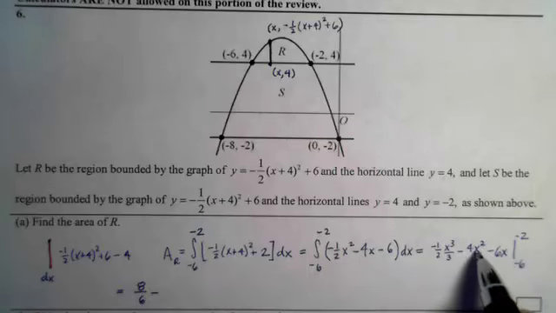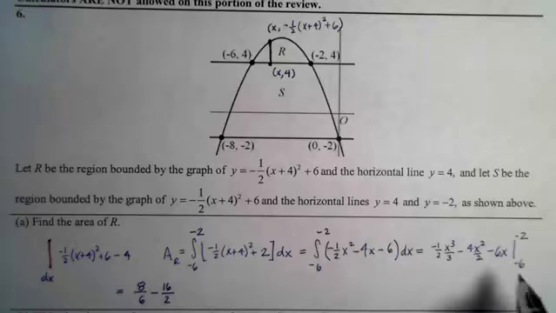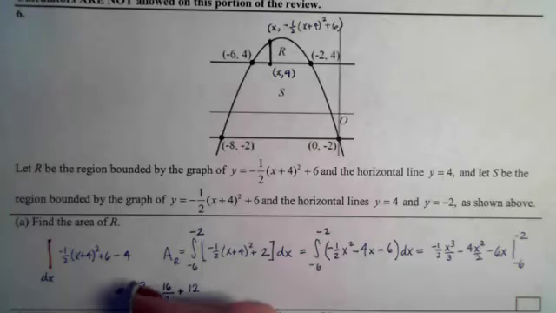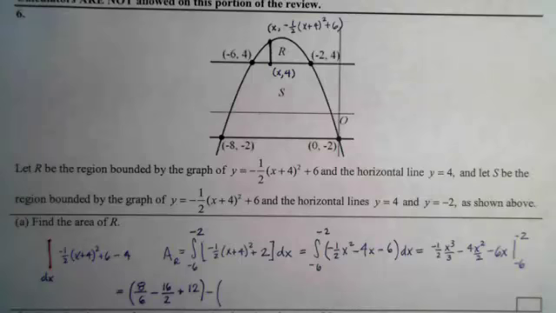Minus, plug in a -2, that's going to give me a 4, -16 over 2. And then I have minus a 6 times a -2, that's going to give me a +12. Then I'm going to subtract what I get when I plug in -6.